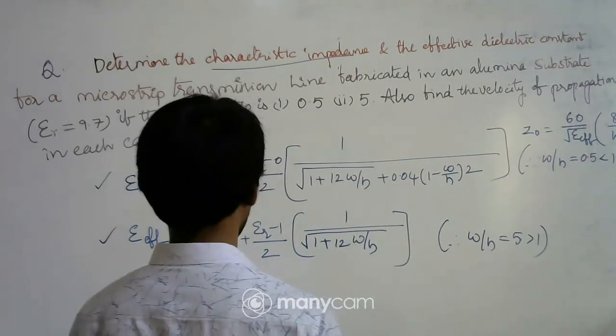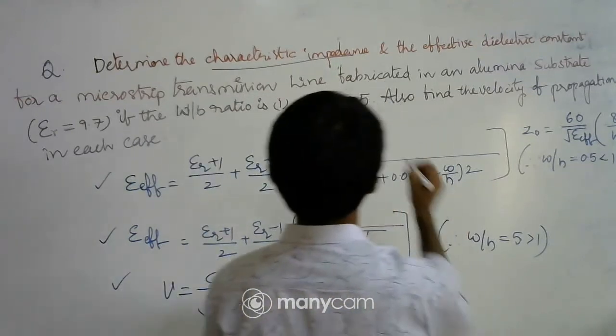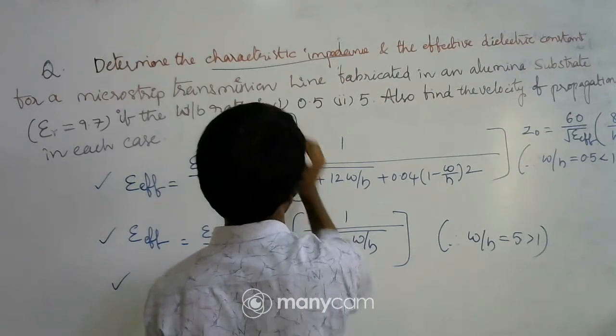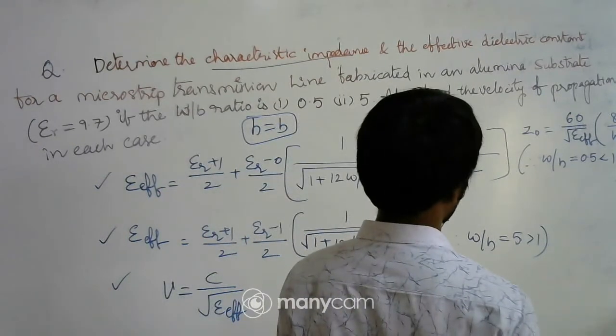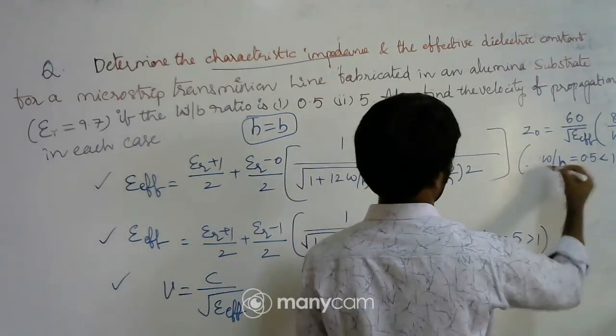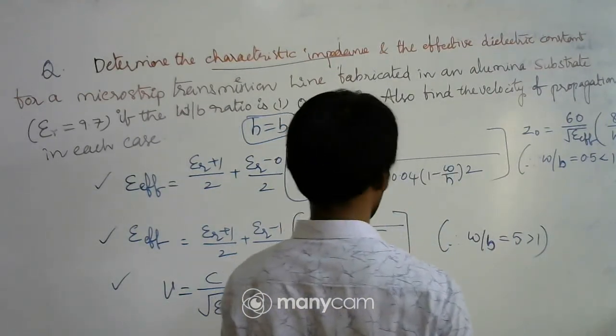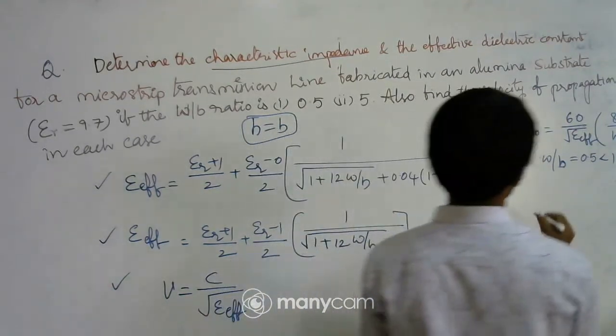H means B only, you need to remember. H is equal to B. Both will be equal, that is why I am writing W by H like that.